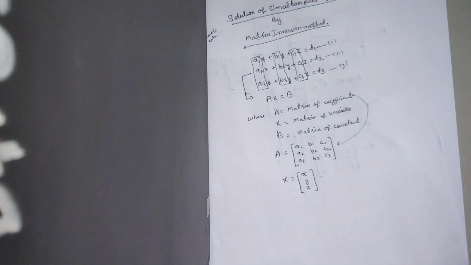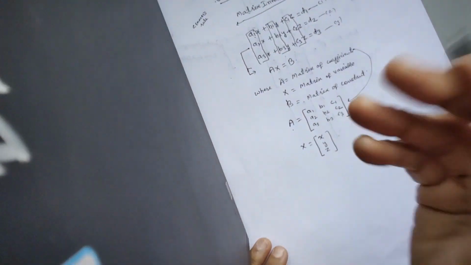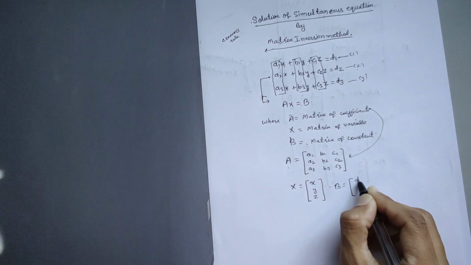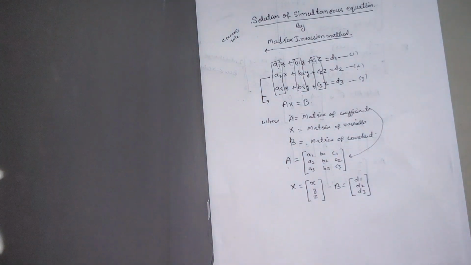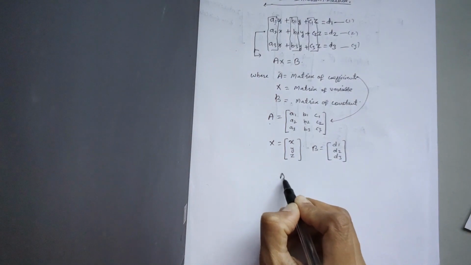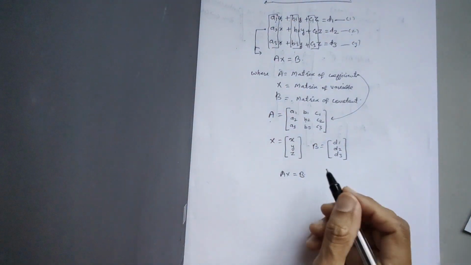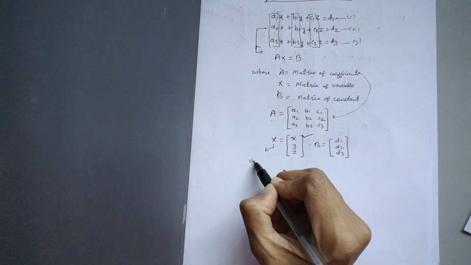And B is the constant matrix, or matrix of constants, which is d1, d2, d3. So in the shorter form we always write this as AX equal to B. And now our target is to find this X matrix, because that is unknown.